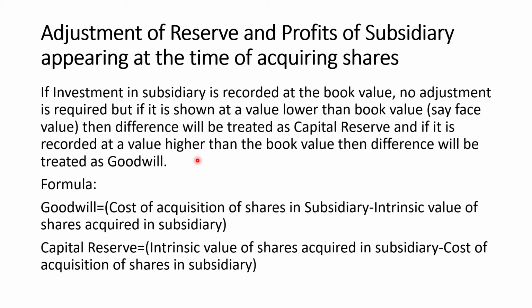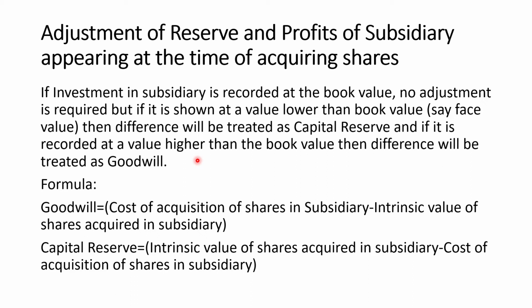So the 80% of the net asset of subsidiary will be 80,000, but the shares in subsidiary have been acquired for a value of 1 lakh. Means holding company is getting something of value 80,000 by paying value 1 lakh. So holding company is paying 20,000 more. That 20,000 more which the holding company is paying will be called the goodwill.